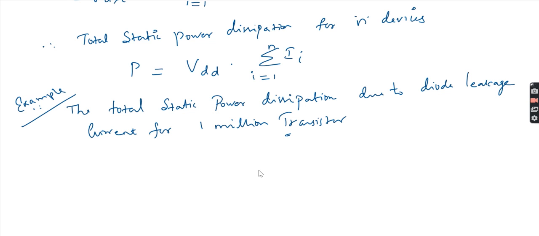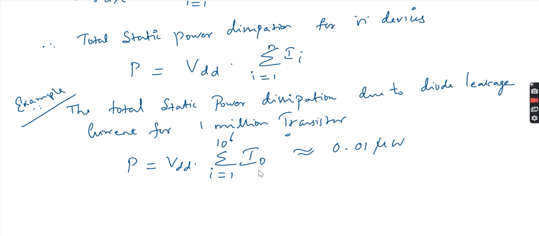If the transistor count is 1 million, then simply P is equal to VDD into the summation i equal to 1 to 1 million, which is 10 to the power 6, of ID. Here the diode leakage ID will be approximately 0.01 microfarads.